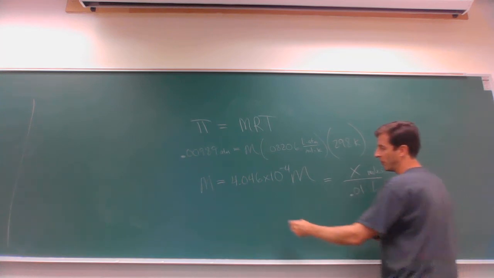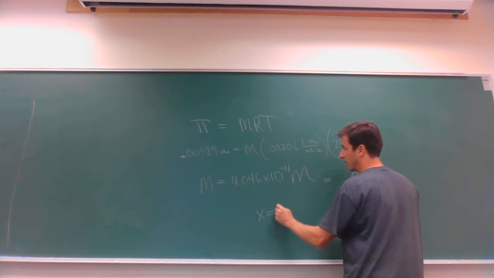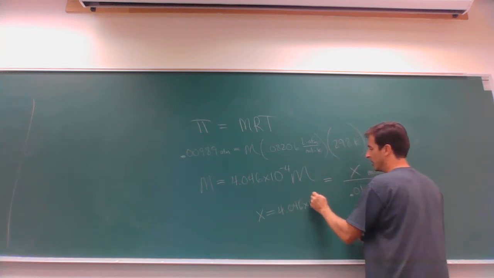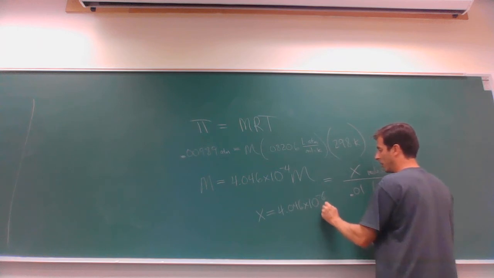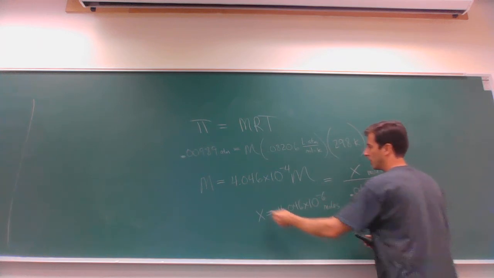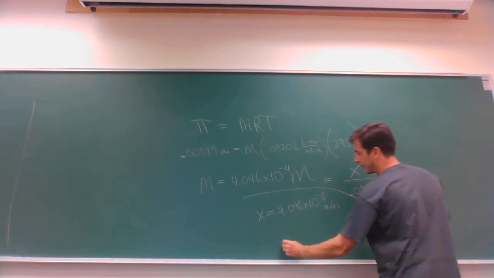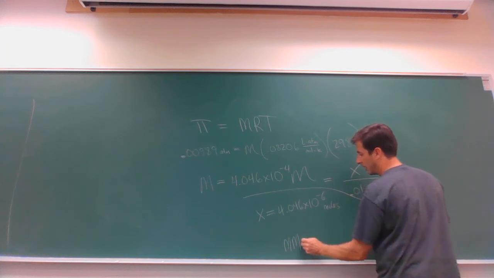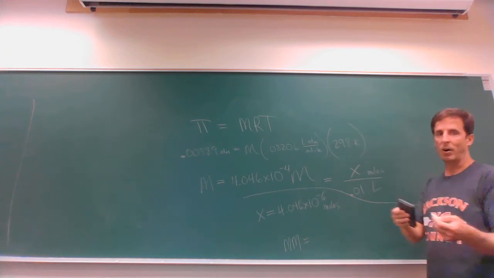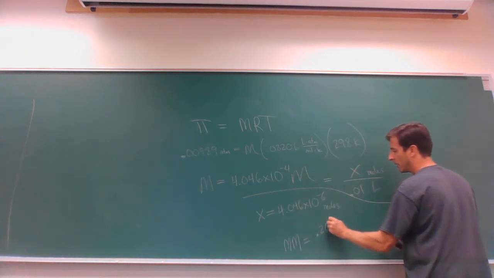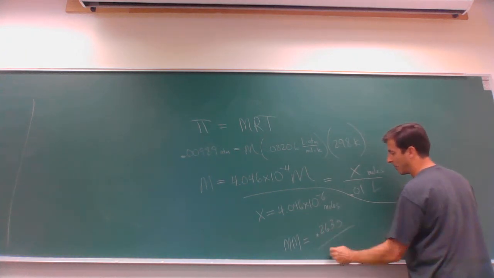So now if I solve for moles, X is going to be 4.046 times 10 to the minus 6 moles. All right, and then finally, molar mass. Step 3, it's the grams we dissolved, which was 0.263 grams, divided by the moles, 4.046.